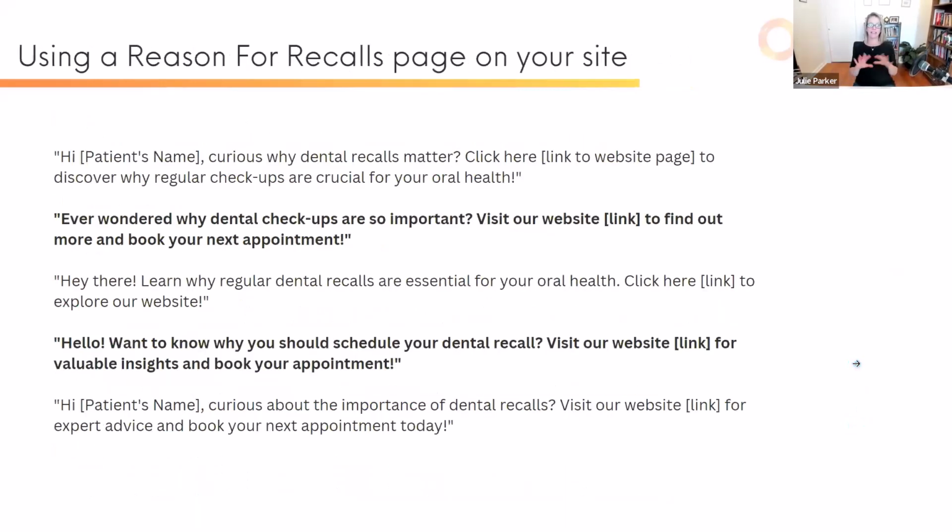Now, this is another aspect that might be very helpful to improve the chances of your loyals booking in this time for their dental checkup, and that is creating a separate page on your website. I did a bunch of research earlier today just to see if I could find a dental practice's reasons you should come in for recalls page.